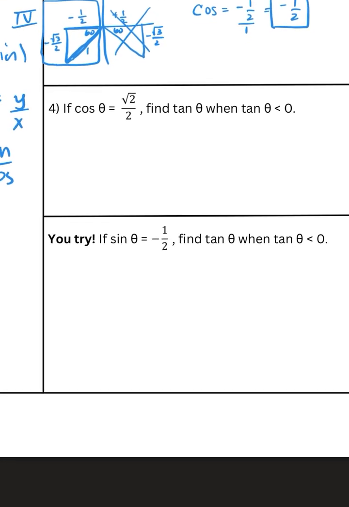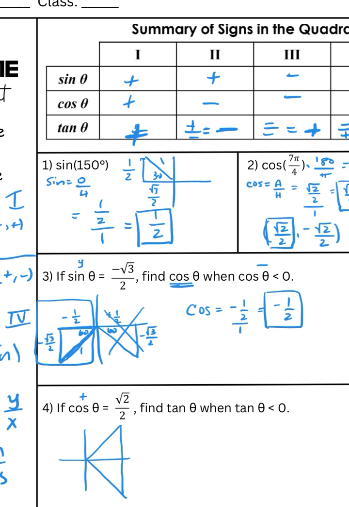So now, if cosine is positive square root of 2 over 2, that means cosine is positive. That's your x-coordinate. So cosine is positive in both of these two sides, right? If you don't remember, you can go back up and look.